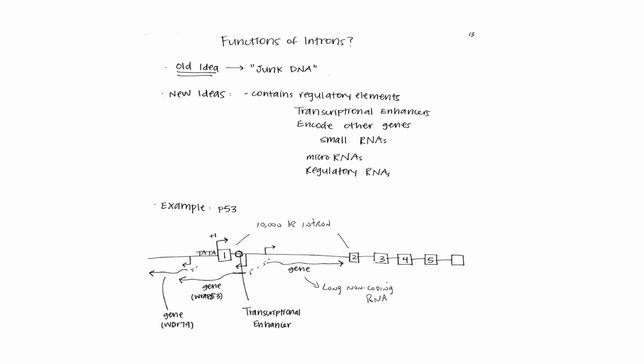Upstream of P53, there's another gene that's encoded. You can see by the upside down arrow, that's called WDR79.